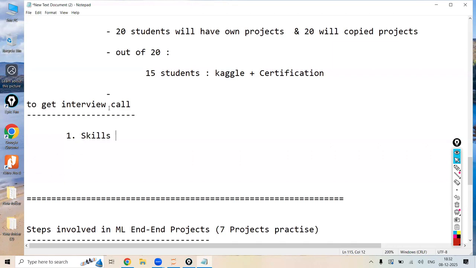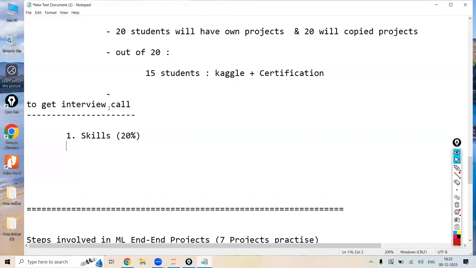How many students are going to write the word Python in the resume? Every student will write Python. But how many really know Python? So what is the weightage for this, miss? 20% weightage will be given for the skills.